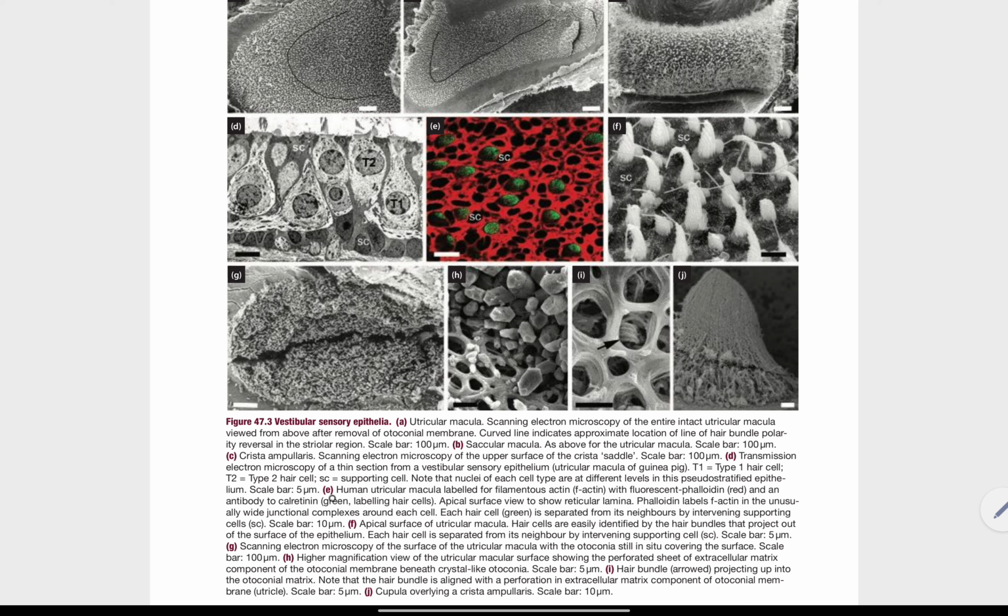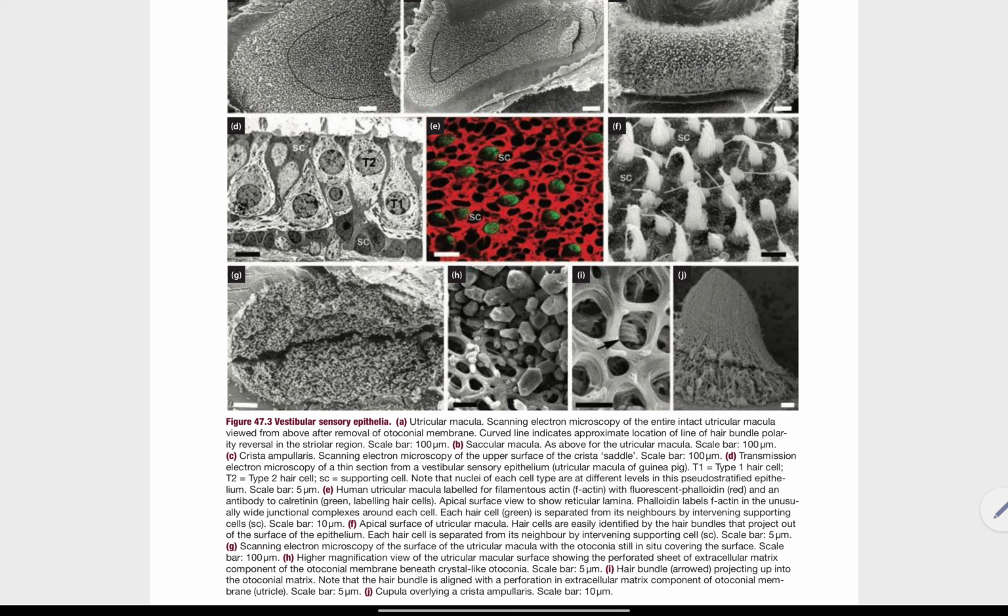Scale bar 5 μm. E is the human utricular macula labeled for filamentous actin, F-actin, with fluorescent phalloidin in red and an antibody to calretinin in green, labeling hair cells.